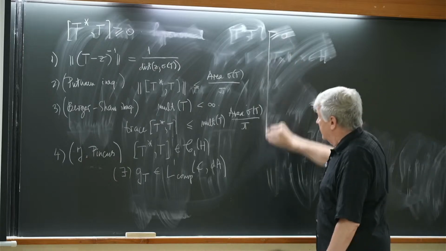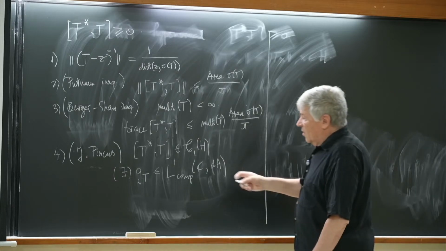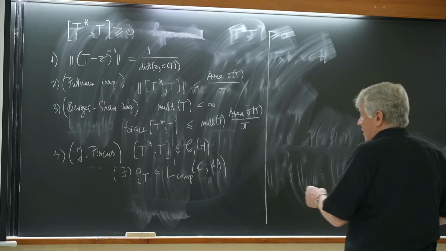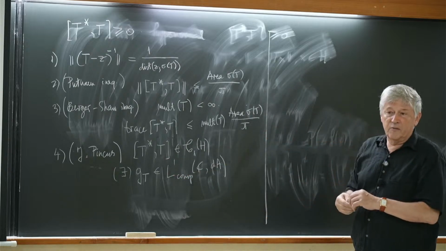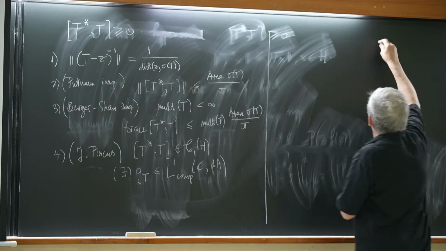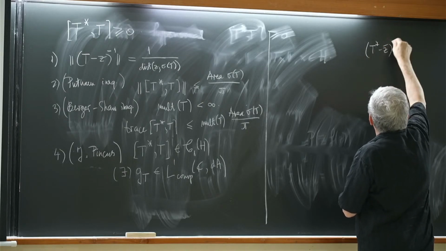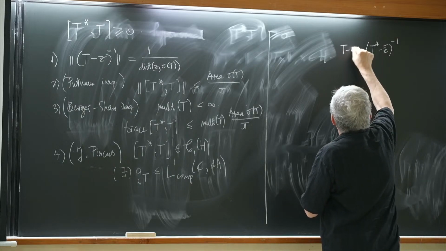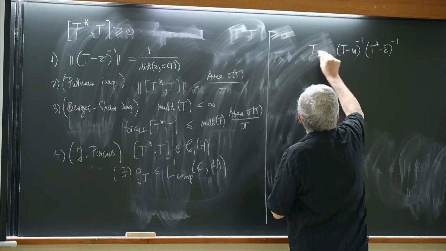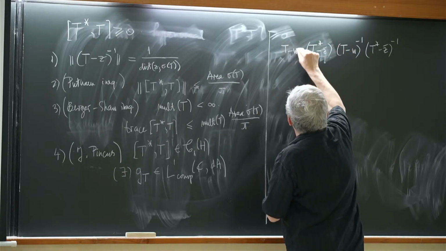satisfying the following. And now we are getting close to the left side of the blackboard. Rather than taking the perturbation determinant, now I'll take the multiplicative commutator, namely something like this: T star minus z bar inverse, T minus w inverse, T star minus z bar, T minus w.